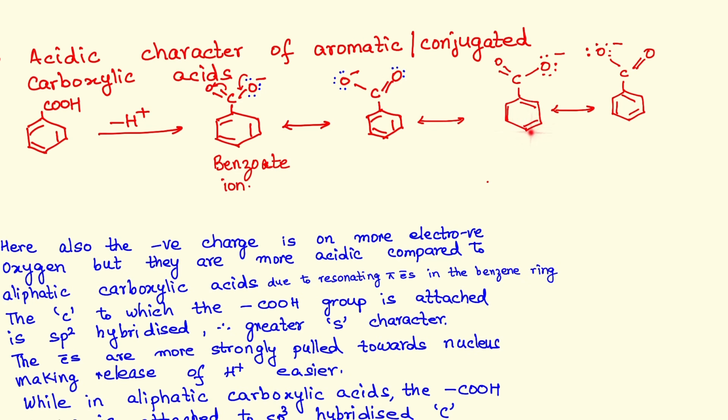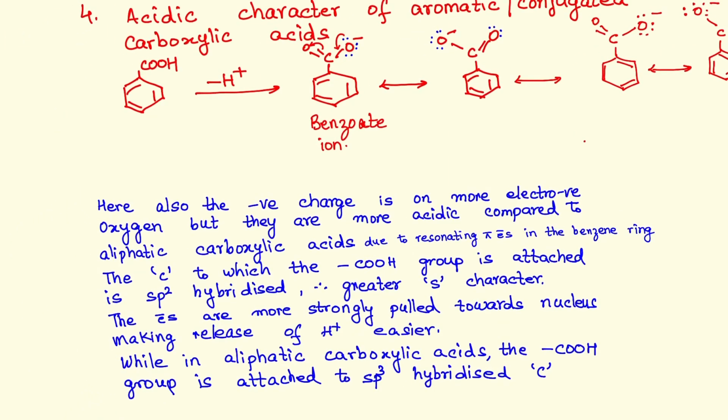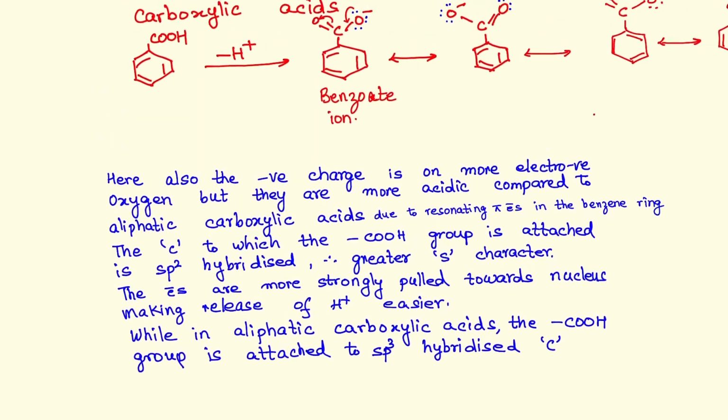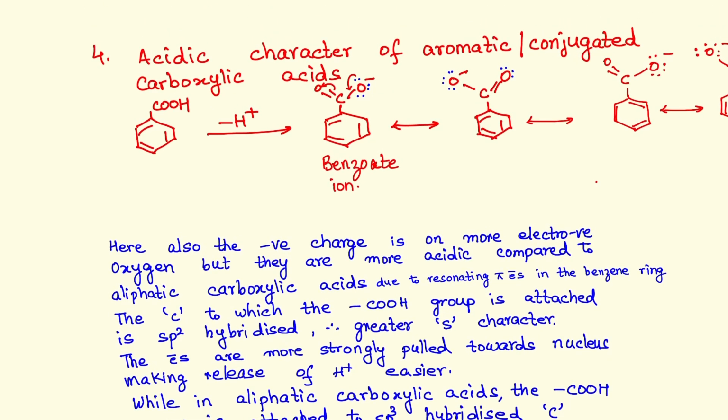So, which conjugate base do you think would be more stable? Yes, of course, the one formed by aromatic carboxylic acids. So, what can you say about the acidic character of aromatic carboxylic acids? Yes, they will be stronger as acids compared to the aliphatic ones.